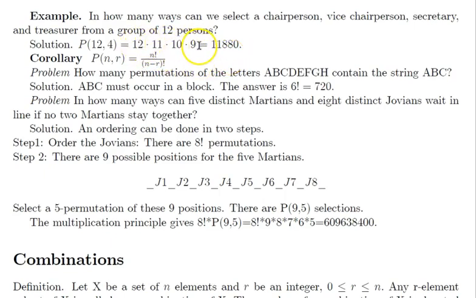Here, if we continue with multiplying this by a factorial up and down, in the numerator we'll have 12 factorial, in the denominator 8 factorial. And 8 factorial is just 12 minus 4 factorial. 8 is 12 minus 4.